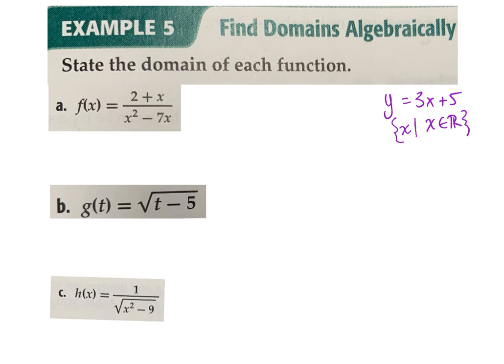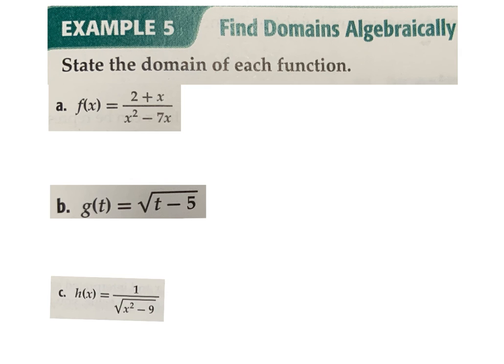There's no limitations. So you have two types of domains. You have an implied domain, which is what this is, and you have an explicit domain, where they just hand it to you and say x has to be these numbers, okay? When it's like this example, it is an implied domain, meaning the function itself implies limitations on the domain.